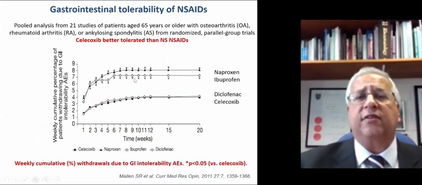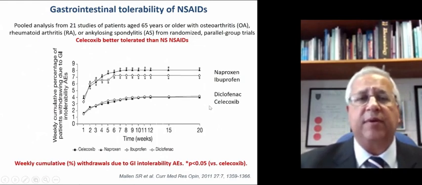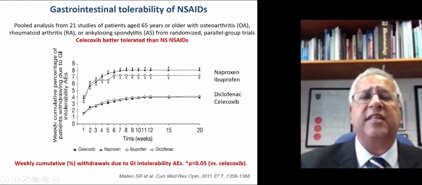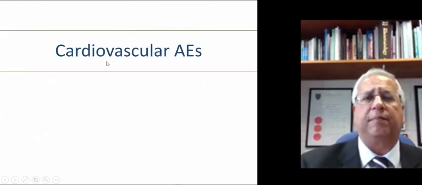And if we look at naproxen, ibuprofen, diclofenac, and celecoxib in terms of their tolerability, celecoxib is clearly associated with a lower cumulative percentage withdrawal than naproxen and ibuprofen are.